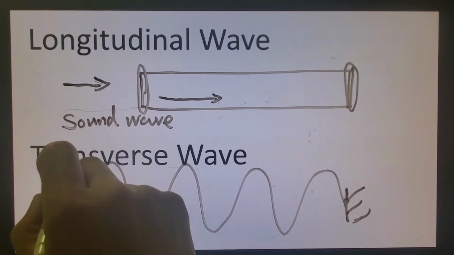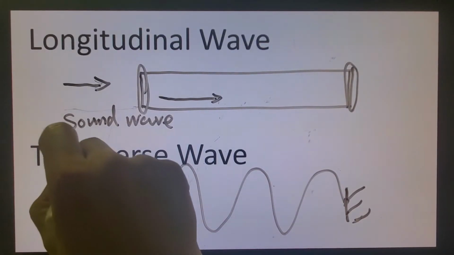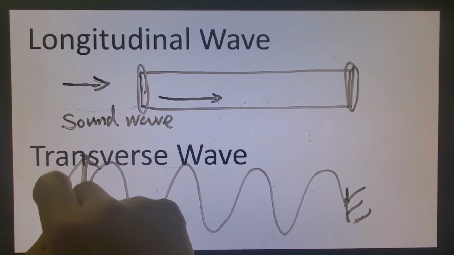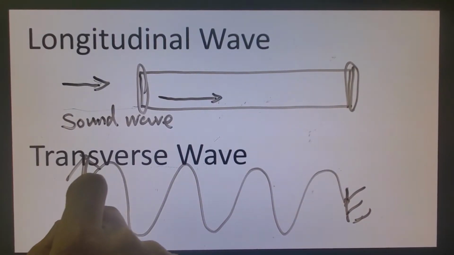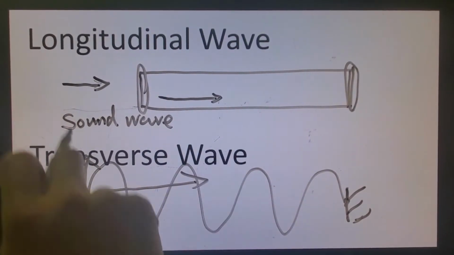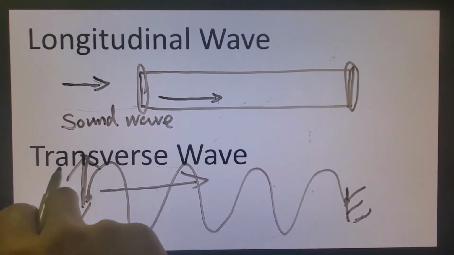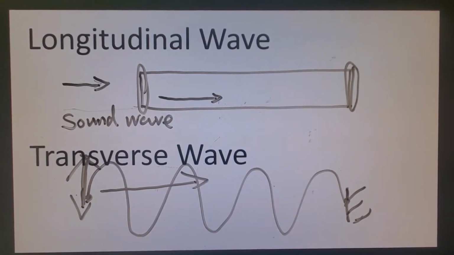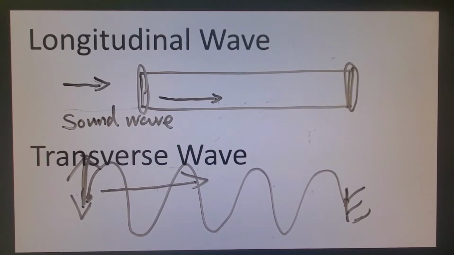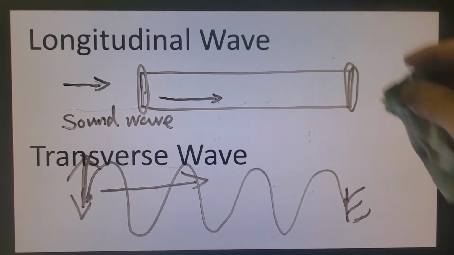So when your disturbance is in this direction, up and down, but the propagation of the wave is not in the same direction but perpendicular to it, that's called transverse wave. An example of transverse wave is light wave or electromagnetic wave.